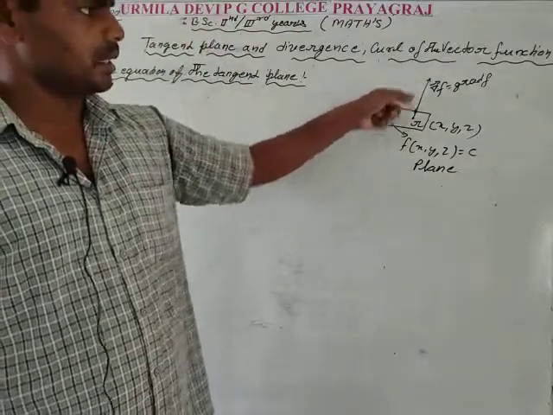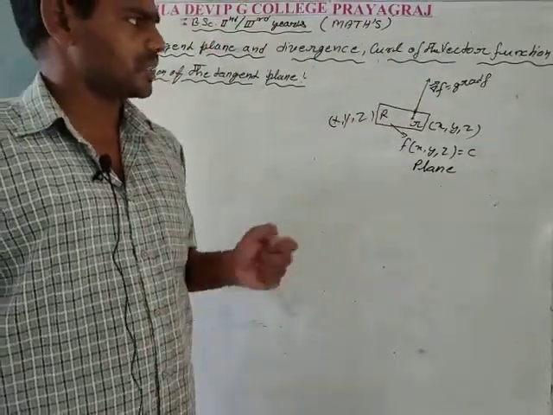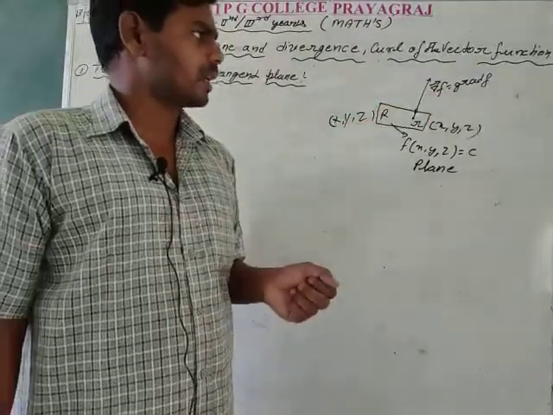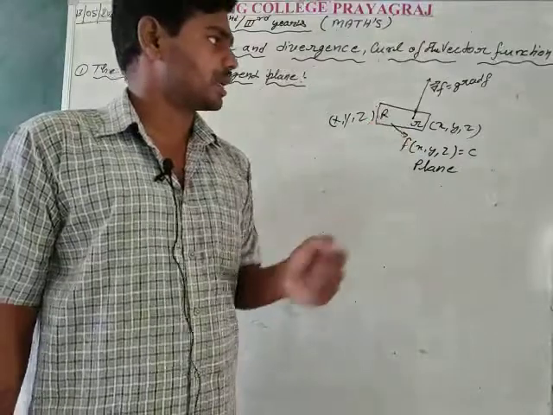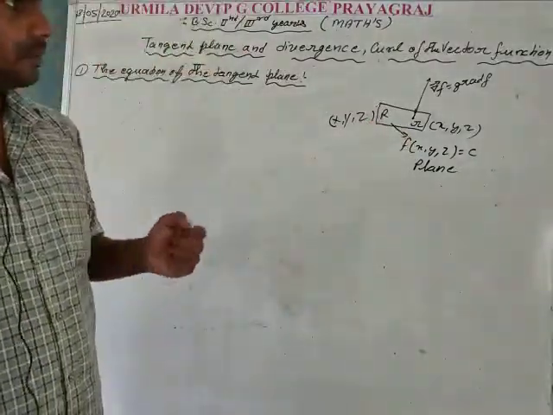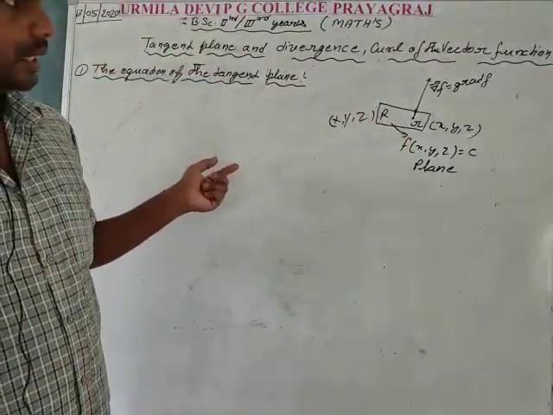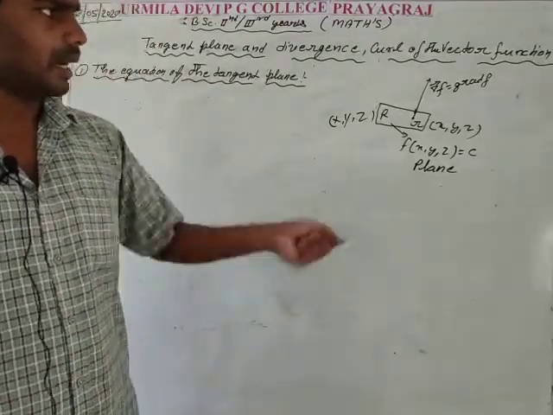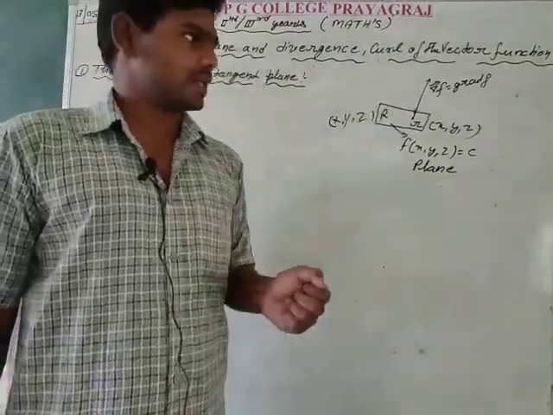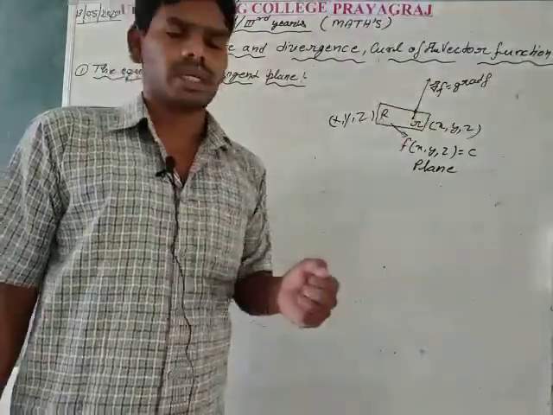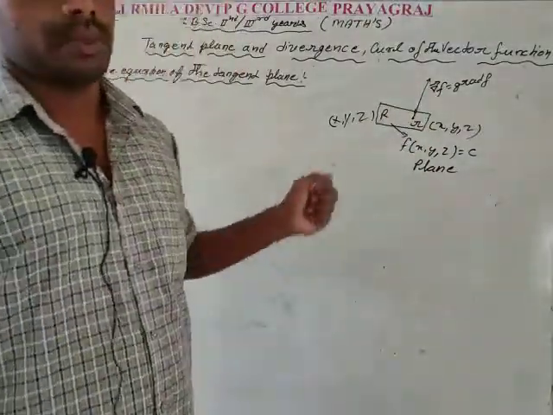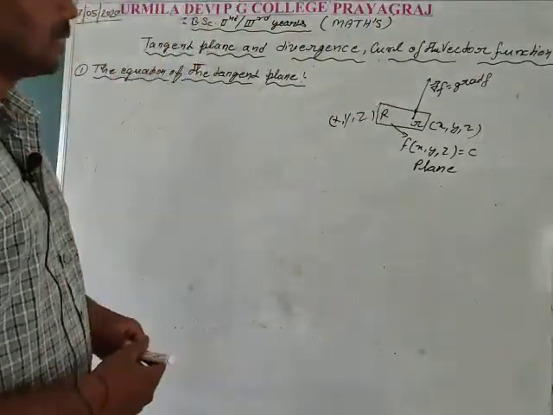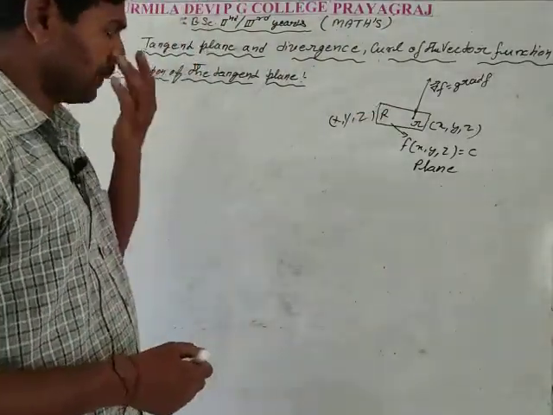This line is called the normal line of the tangent plane, and its equation is del f equals the gradient of f, where del is i times del by del x plus j times del by del y plus k times del by del z, and f is the given level surface. So del f, the gradient of function f, is a perpendicular line of the tangent plane. So find the equation of this tangent plane.